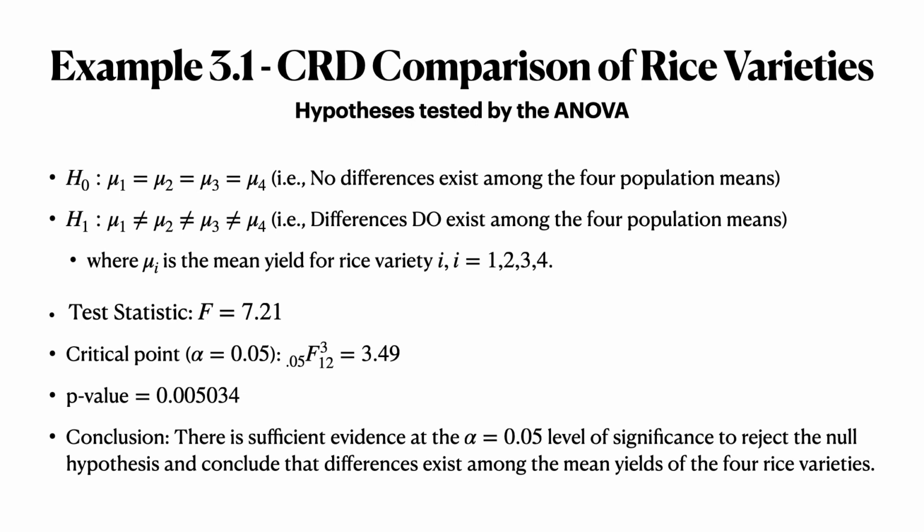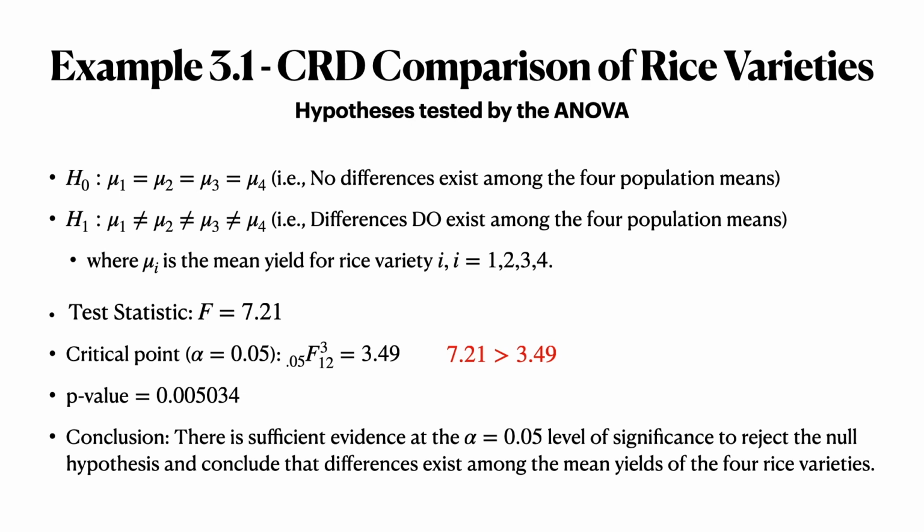The test statistic was equal to 7.21. The critical point for the test, since we're doing this at the 0.05 level of significance, is the upper fifth percentage point of the F distribution with 3 numerator degrees of freedom and 12 denominator degrees of freedom. That critical point is 3.49.